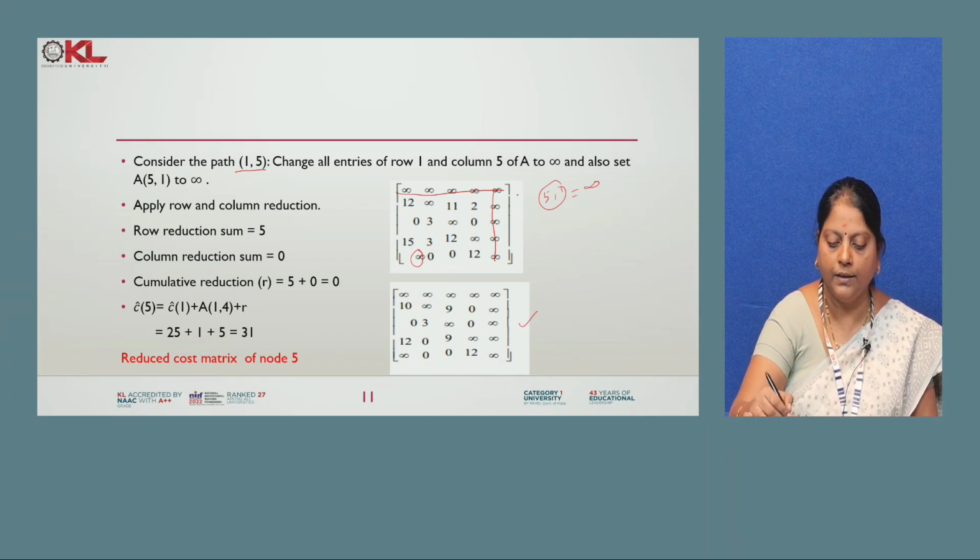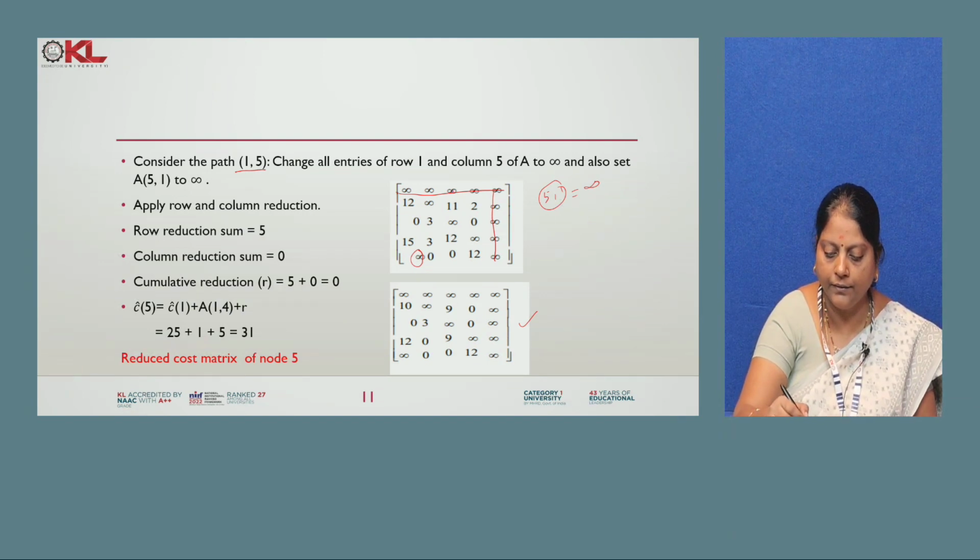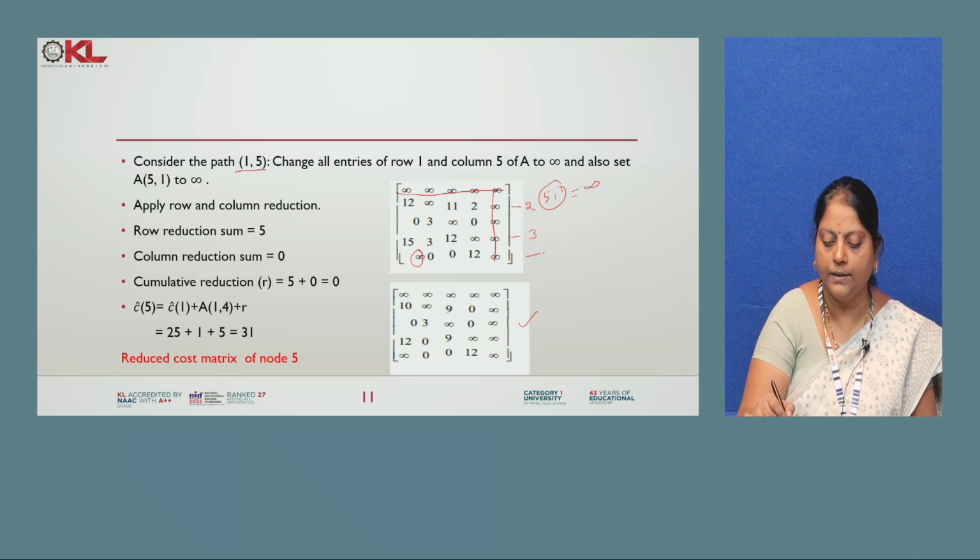In the first row there is infinity, so no need to check it. Second row, here there are no 0th elements, so the minimum element is 2. Third row, no need. Fifth row, the minimum element is 3. So 2 plus 3 we get 5. So row reduction is applied here, we get 5.